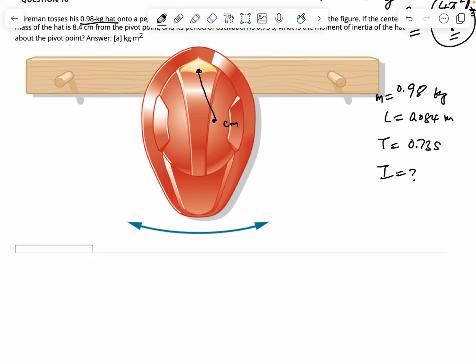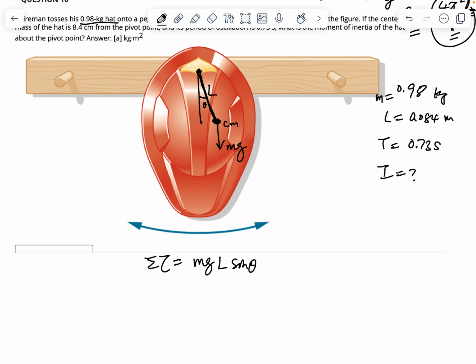This is the object's center of mass, and this is L. If you do a free body diagram, this has a weight mg, and the net torque equals mg L sine theta.